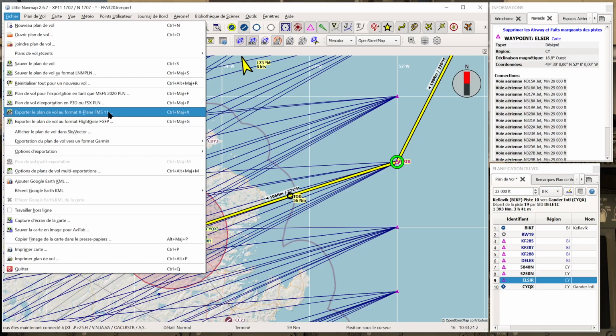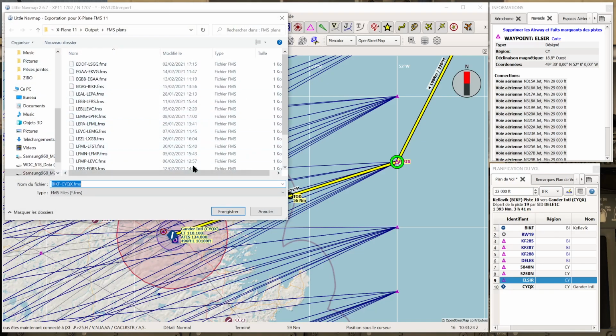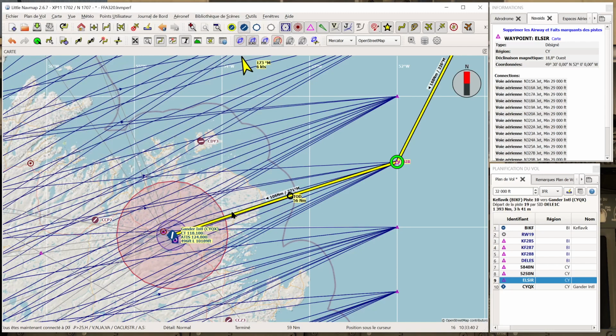When we click there, it opens a window and the file will be placed in the X-Plane directory, Output, FMS plans, and you see the FMS format defaulted. We register the flight plan and it will then be available in the Zibo 800.